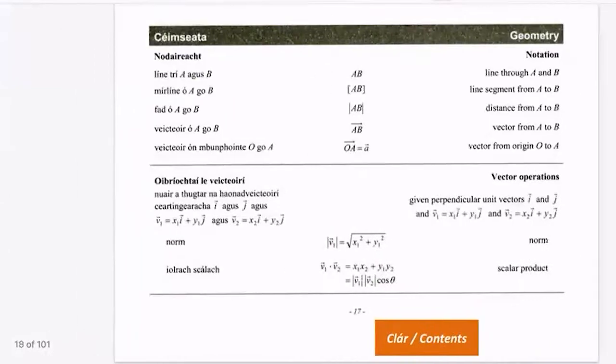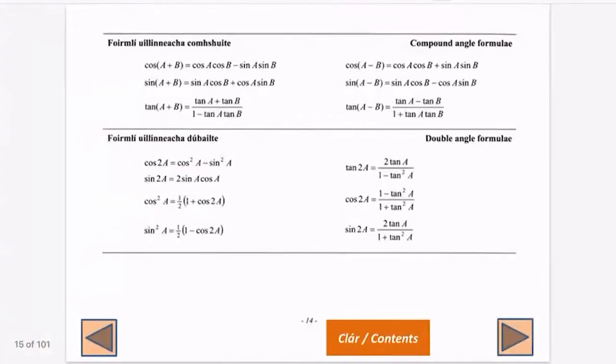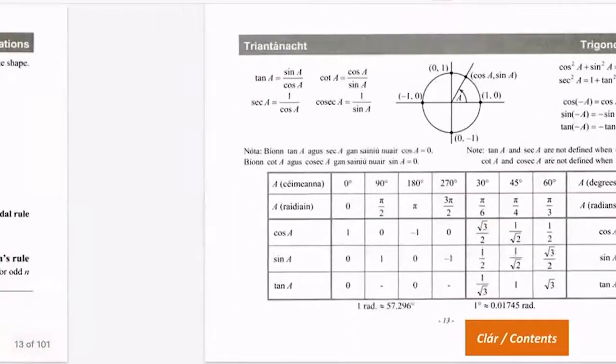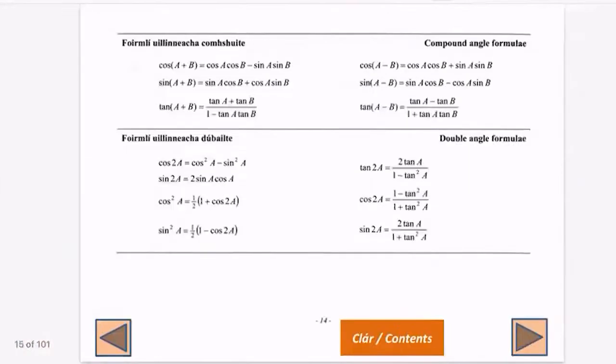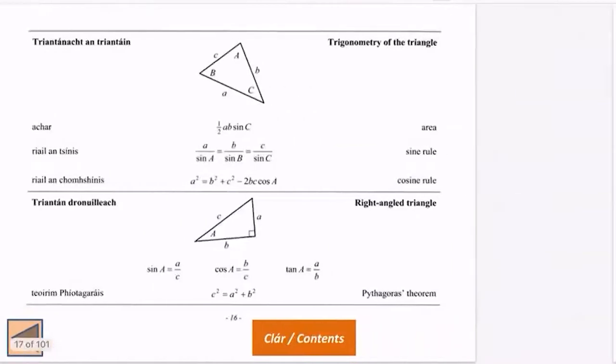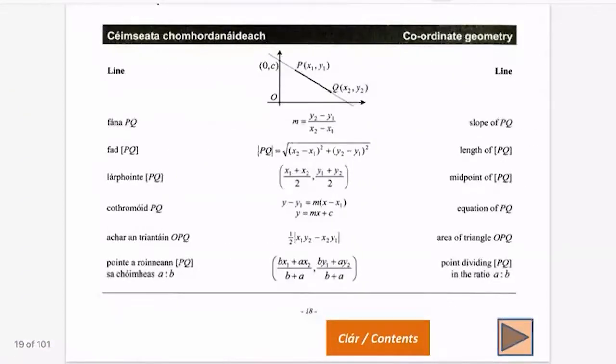In the log tables, whenever I see any coordinate geometry, and you know that because it's talking about points, we go to the coordinate geometry page. Page 18 of your log tables gives you all the formulas. Up here it tells you how to plot a point, x1, y1, and you also use that for labeling points.